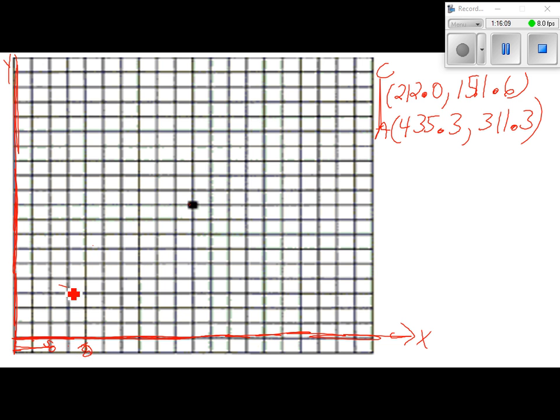Ignore that. This is 150, 200, 250, 300, 350, 400, and maybe do the same thing going up the side over here.